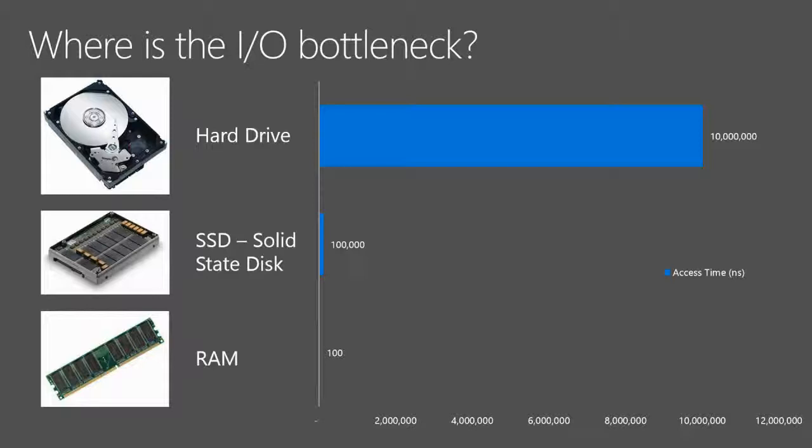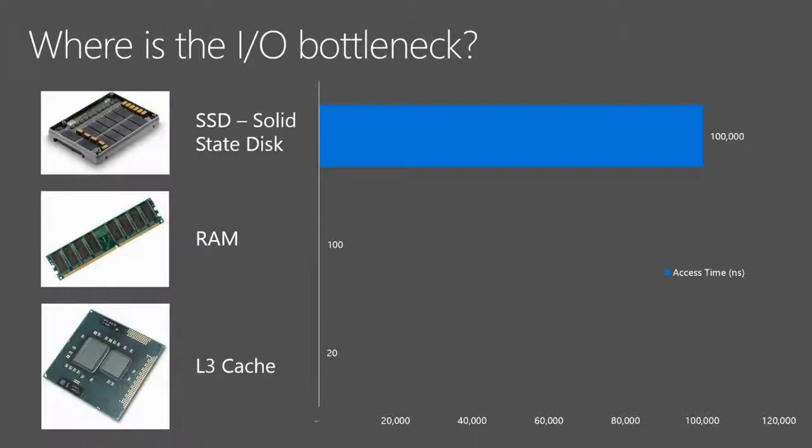I want to give you an idea of how important this is. Moving from a hard drive to a solid-state disk, just for the I/O, means moving from this order of magnitude of latency to this one. But look, the RAM is different than solid-state disk. If I go to the next slide, you can see this better. Your solid-state disk, which is fast, is much slower than the RAM.